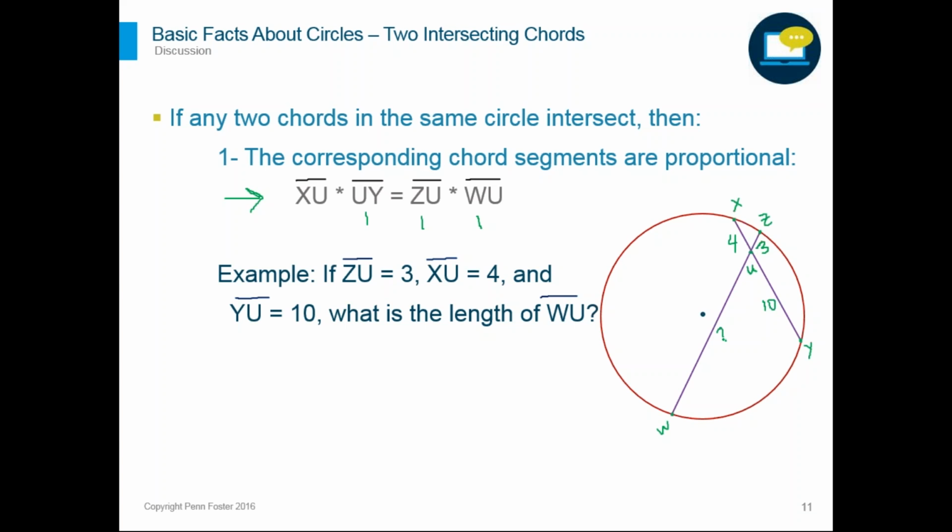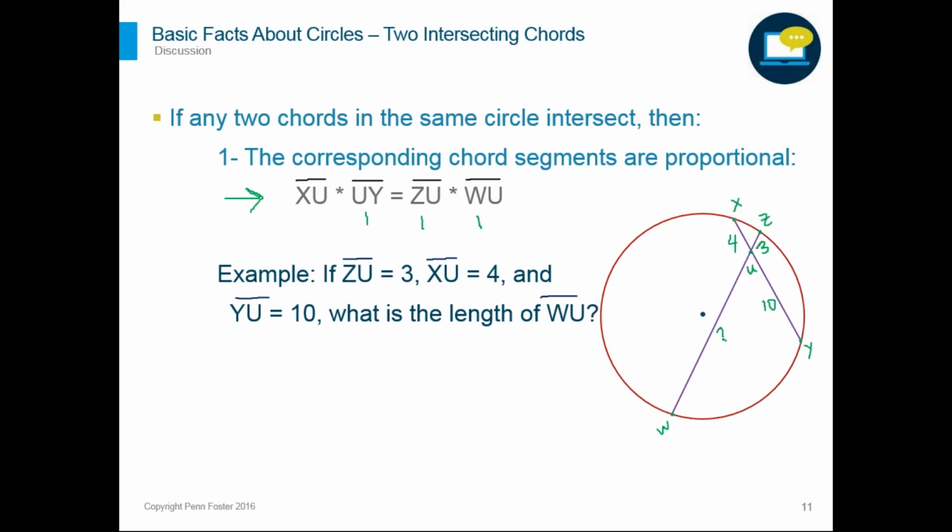Whenever you have that question within your practice questions or within your exam, you need to think which fact you can use to find the thing that you're trying to calculate. In this case, you're trying to calculate the length of a chord segment. So you need to think which fact would correspond to that question.